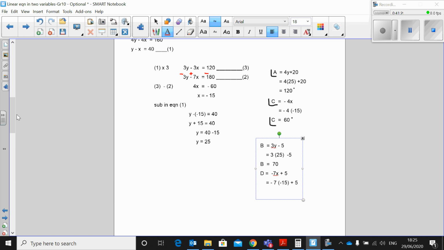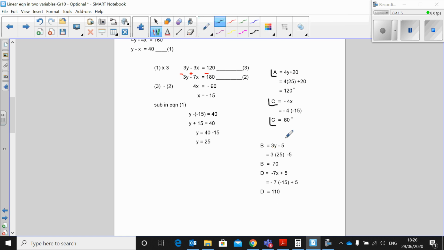So that means angle D is equal to, minus of minus is plus, 105 plus 5, which is equal to 110. Got it? So we got it. Angle B equal to 70 degrees and angle D equal to 110.